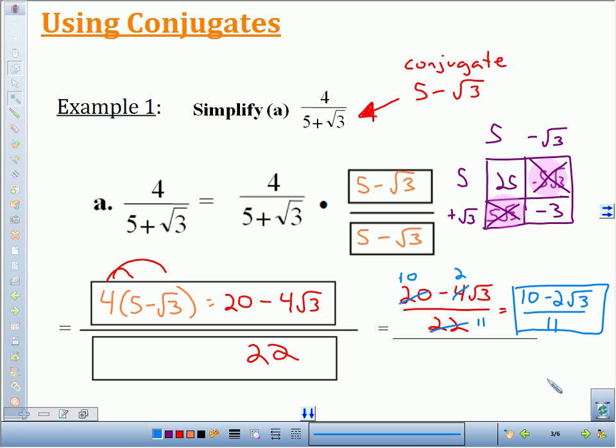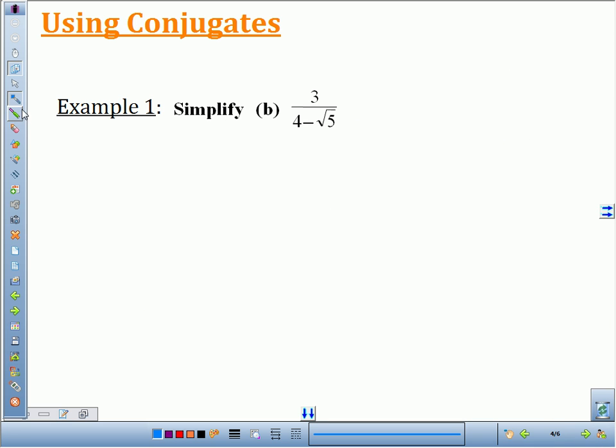All right, let's look at this again. We're going to have several practice problems. I'm going to see if there are some places where we can cut some corners and get some shortcuts going. Let's start just by setting it up. Now I have 3 over 4 minus the square root of 5.